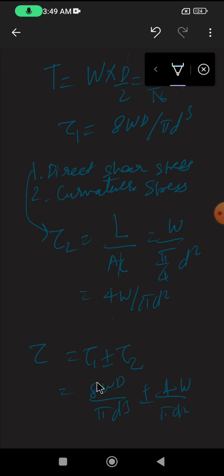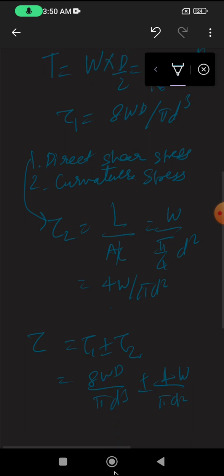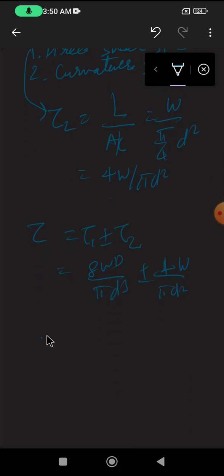The positive sign is used for the inner edge of the wire and the negative sign is used for the outer edge of the wire. Since the stress is maximum at the inner edge of the wire, the maximum stress induced in the wire will be tau is equal to 8WD by pi d cube. If we take this common, we have 1 plus d by 2D. So this is the maximum shear stress induced in the wire.